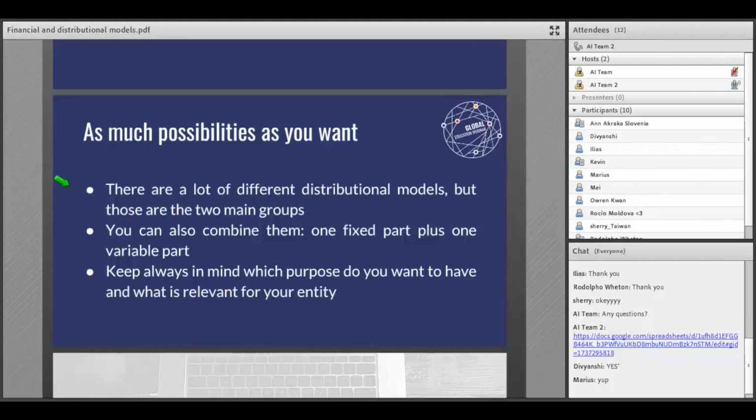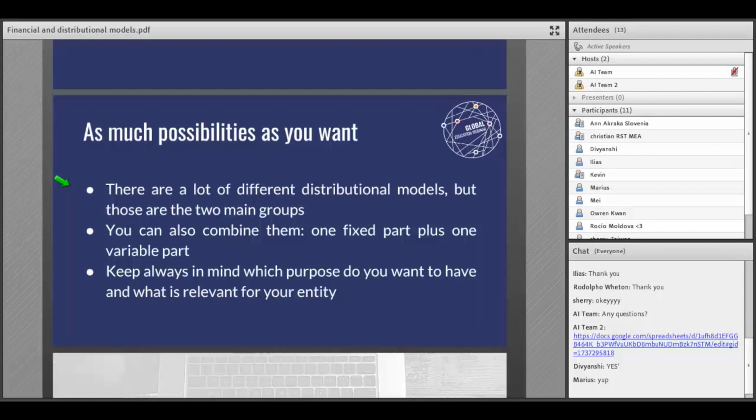So let me just briefly explain the composition of the tabs. In the tabs, there are three different types of models already made based on the Excel sheet. The first part at the leftmost side is the fixed distribution. So you can use this and then create different types of LC shares based on the amount.